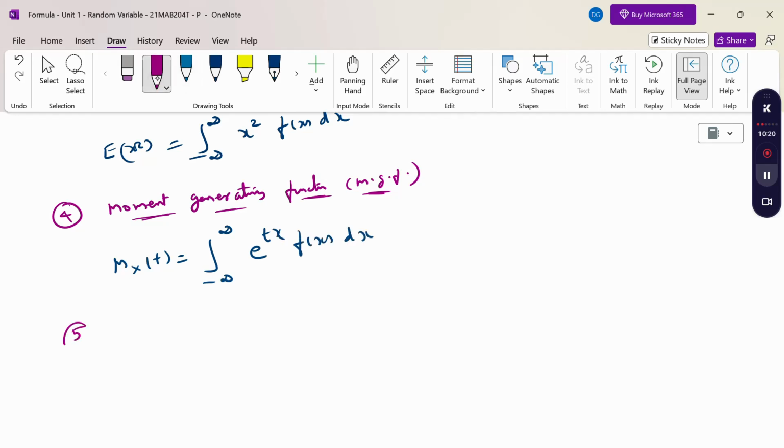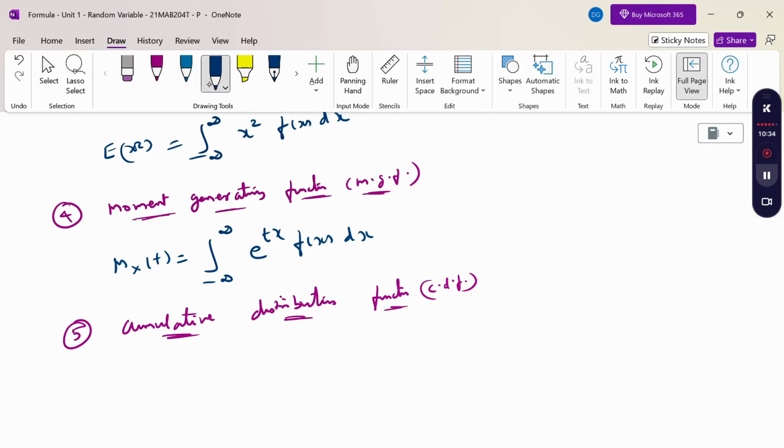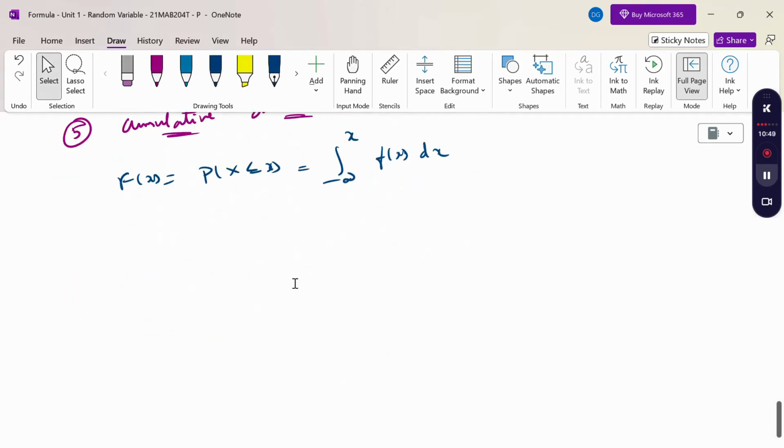And then the cumulative distribution function, CDF, is nothing but capital F of x, the probability of x less than or equal to x, the integral from minus infinity up to x of f of x dx. So this is the formula for a continuous random variable.